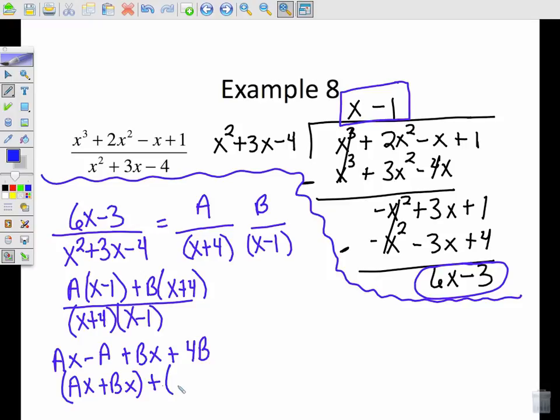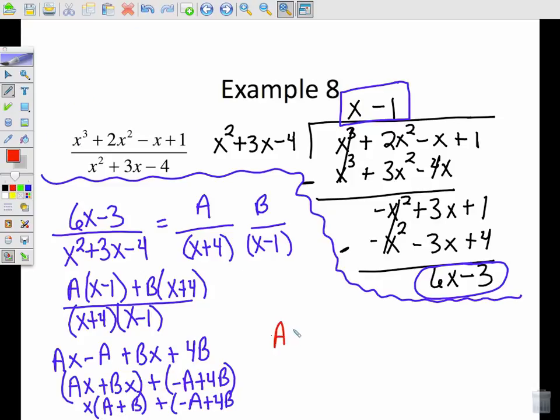Regroup them together, so you've got ax plus bx. I'm grouping them so that I can factor an x out. And then I'm going to group plus negative a plus 4b. There's my constant. This would be x times a plus b, and plus negative a plus 4b is my constant.